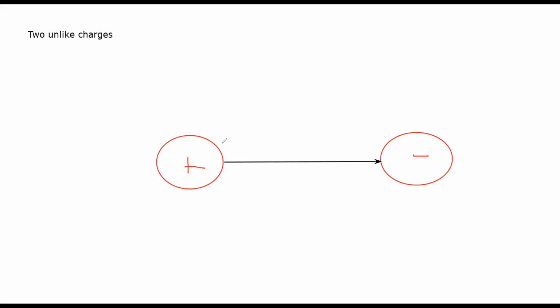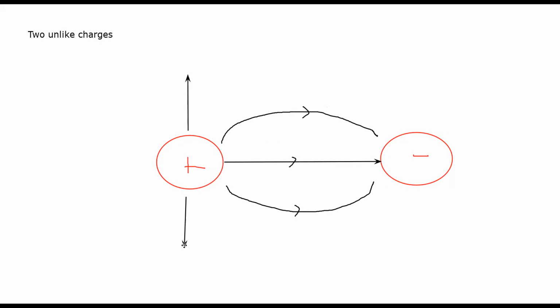So why do you represent it this way, not in all directions? Because the direction of the electric field is the direction in which a positive charge will move. That's the standard definition for electric field. It's the direction in which the positive charges move.